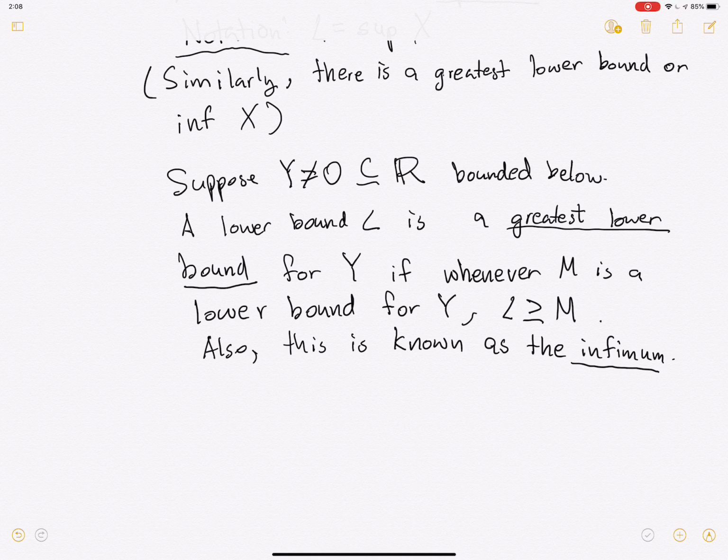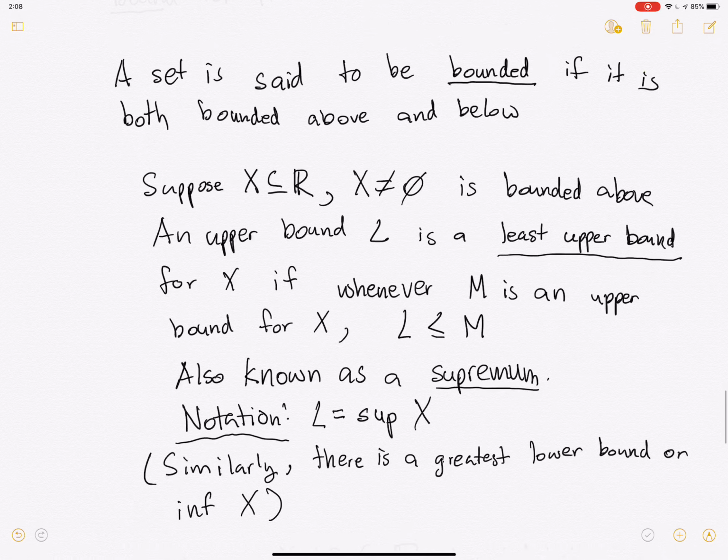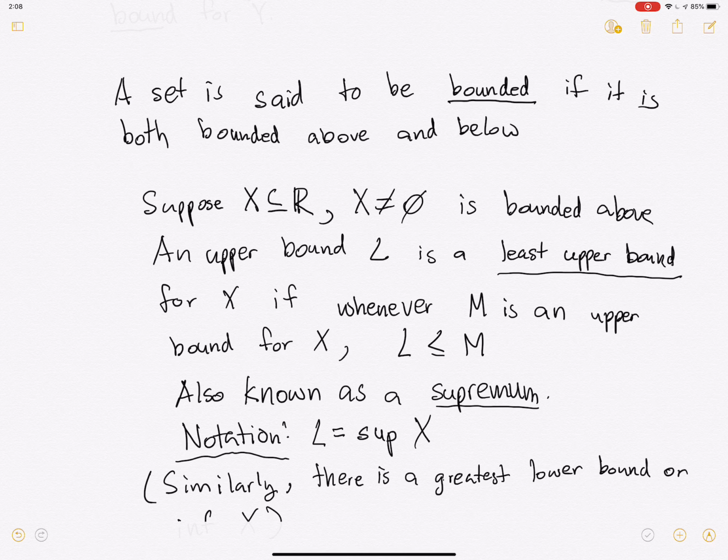So it's a lower bound and it's the greatest one. Similarly for the supremum, it's also known as the least upper bound. It's an upper bound, but it's the smallest or the least one. That's less than other upper bounds. Okay, that's it for this video.